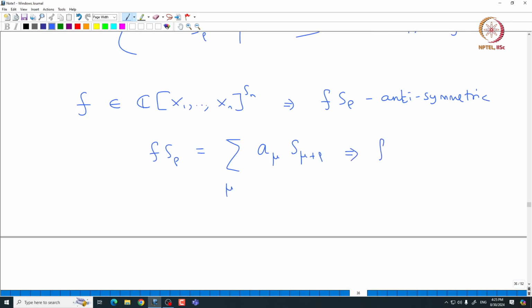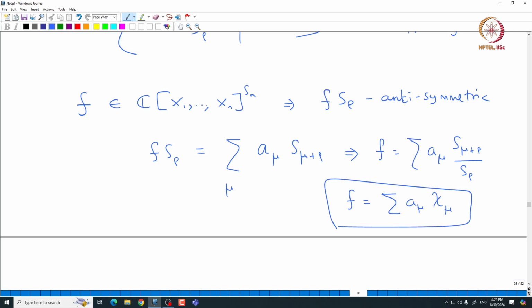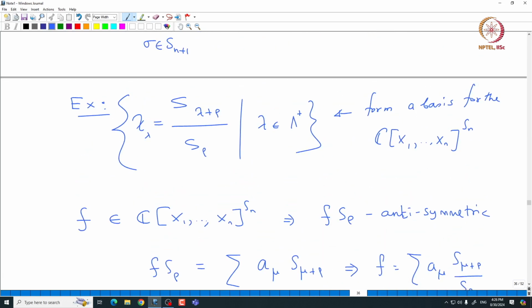Then f can be written as the summation of a mu S mu plus rho divided by S rho, that is, as the summation of a mu chi mu. This proves that any symmetric polynomial can be written as a linear combination of these Schur polynomials, and it is an easy exercise to prove that these Schur polynomials form a linearly independent set. That way you can prove that the set of Schur polynomials forms a basis for the set of symmetric polynomials.